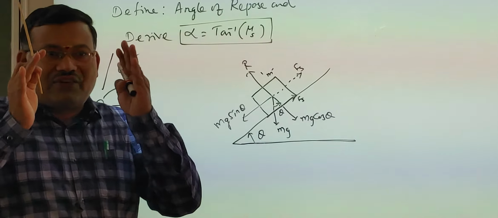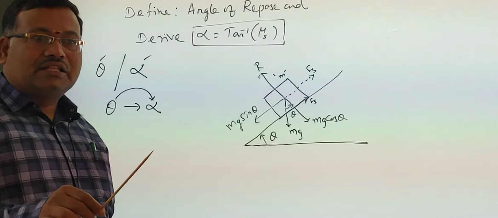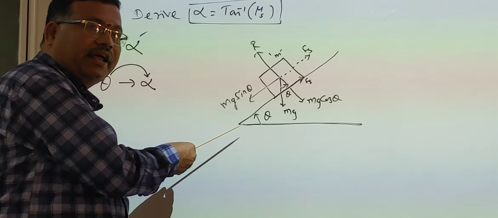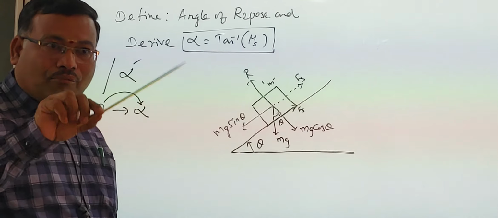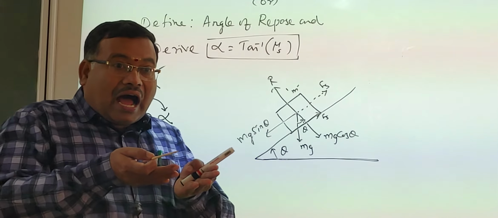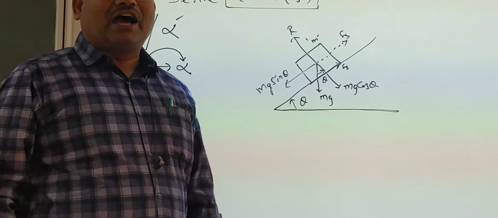So what is the definition of angle of repose? The angle at which the body is just about to slide down the inclined plane is called angle of repose.